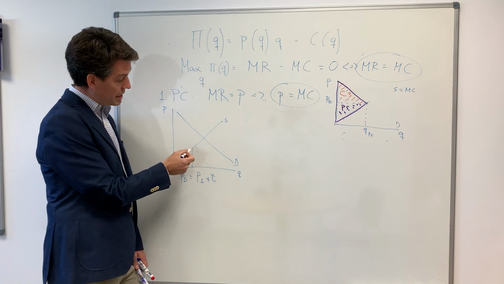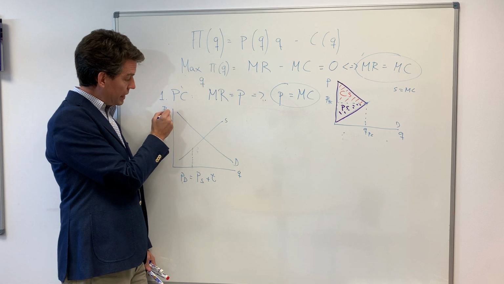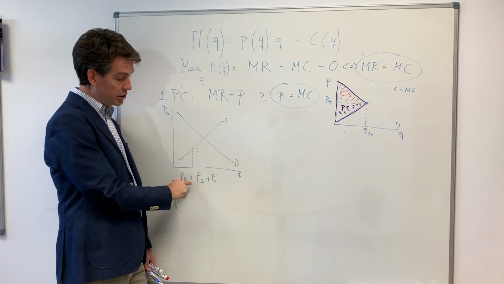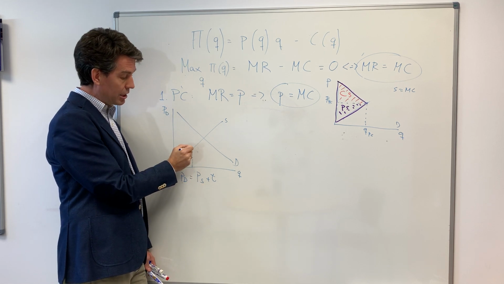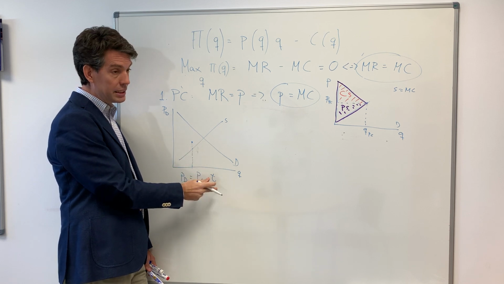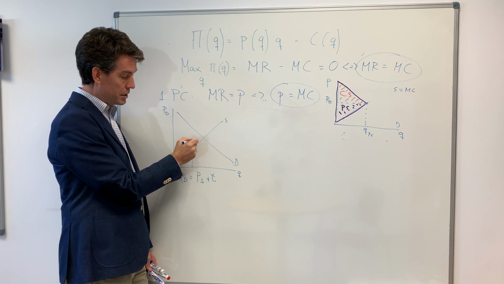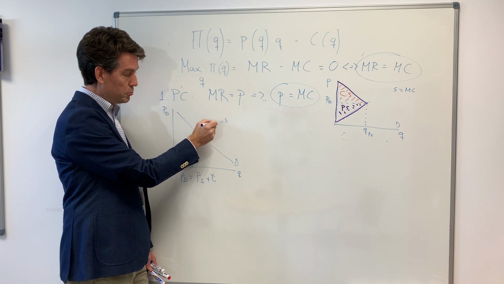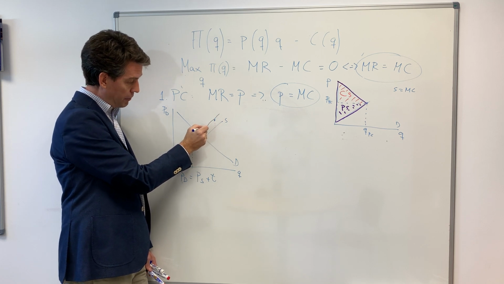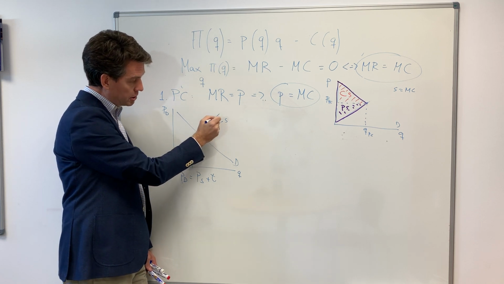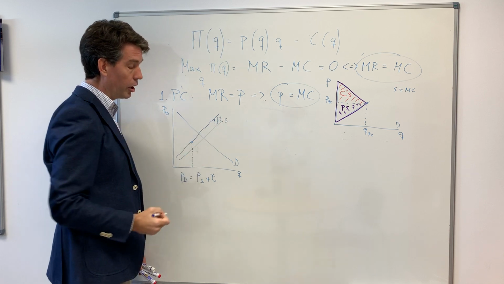However, given that the price the consumers are paying is not the same as the price I'm receiving, I will need to be paid a little bit extra because some part of it, the T, is going to go to the government. So really, I will need this price in order to supply these units. So you shift the supply function upwards by how much? By the quantity of the tax.